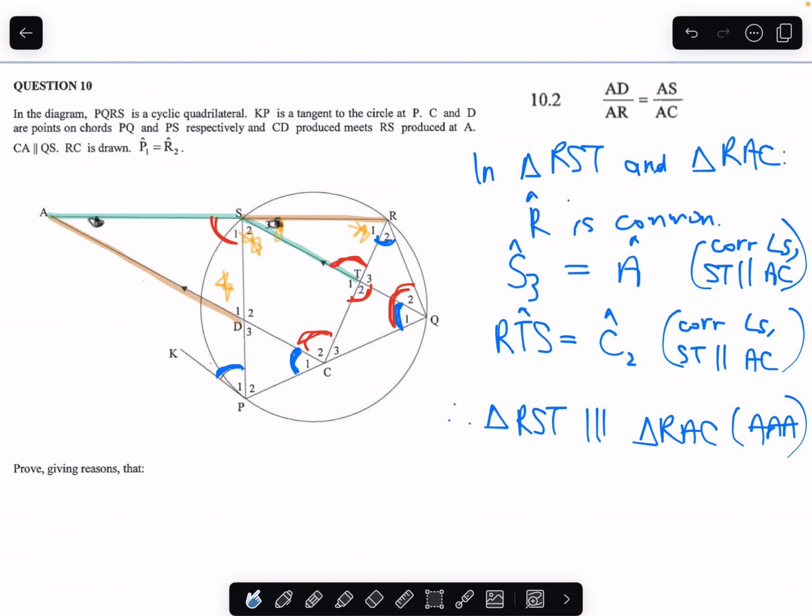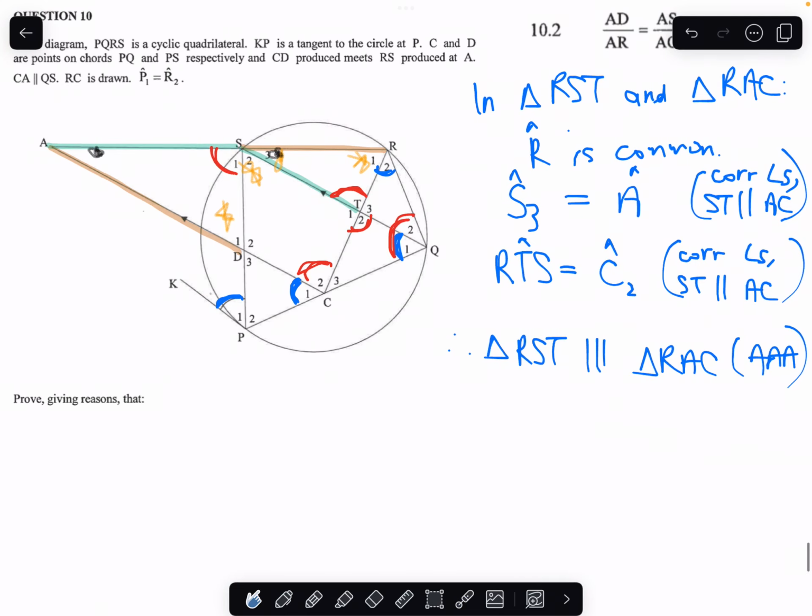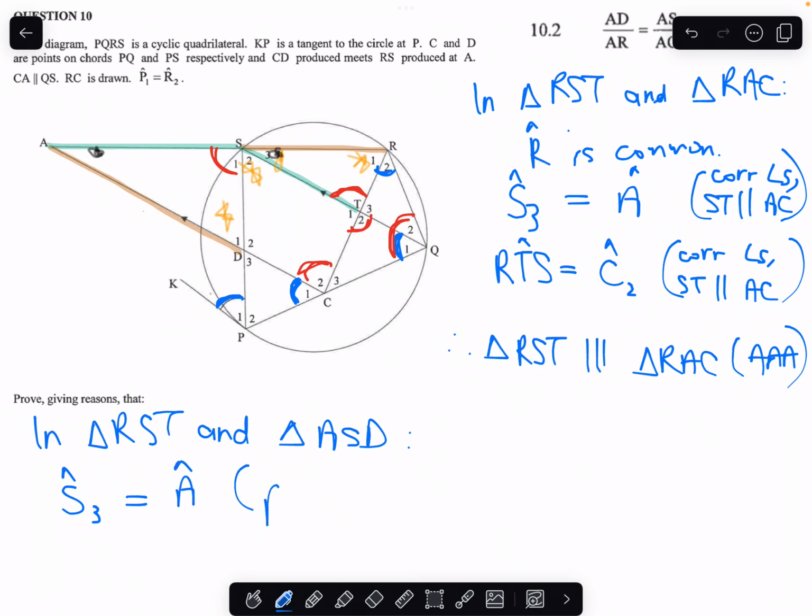What we want to do as well is show that these two triangles are also similar. So firstly, in triangle RST and triangle ASD, we have the angle S3 is equal to the angle A. We've already proven that.